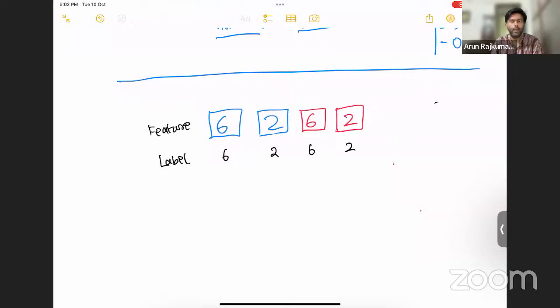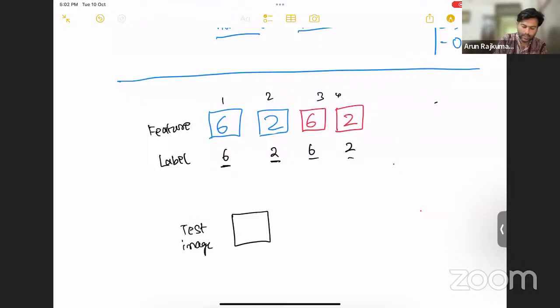In this simplified problem, I just have 4 images: image 1, image 2, image 3, image 4. And now I'm telling you the first image corresponds to label 6, second 2, third 6, and fourth 2, right? This is what is called the training data. Now you might get a test image, a new image, which looks like this.